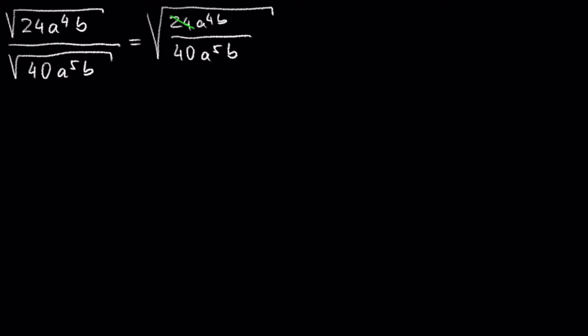After cancelling out the 24 and the 40, the a to the 4 and 5, the b and b, we get the square root of 3 over the square root of 5a.